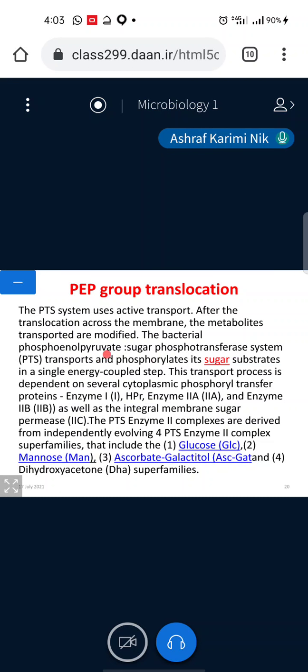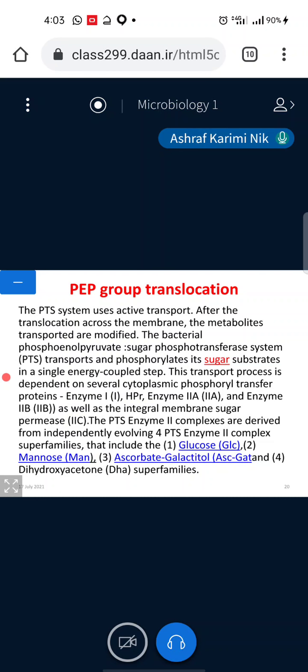The bacterial phosphoenolpyruvate sugar phosphotransferase system, PTS, transports and phosphorylates its sugar substrates in a single energy-coupled step. This transport process is dependent on several cytoplasmic phosphoryl transfer proteins. What are the proteins?